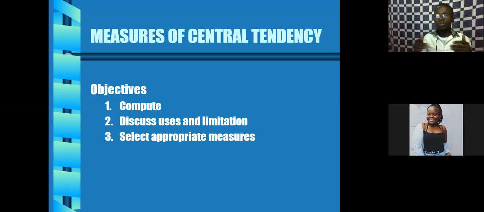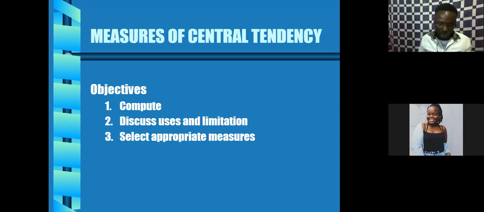These measures of central tendency indicate where most values in that distribution are falling. They are also referred to as the central location of a distribution, okay?